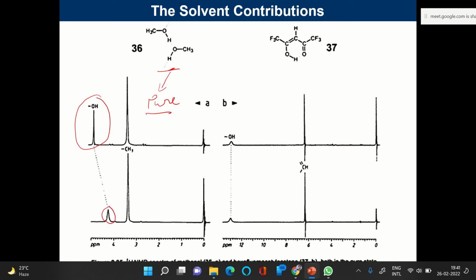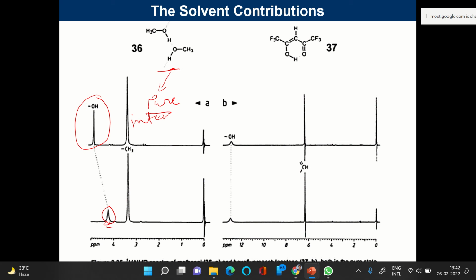So in the case of pure methanol, you are having intermolecular hydrogen bonding, and because of that, when you change to a solvent which cannot make any hydrogen bond, the example is CCl4, there is the isolated hydroxyl proton, and you can imagine it is not able to interact with any other hydroxyl moieties, and so it is appearing here at a relatively lower value of the chemical shift.